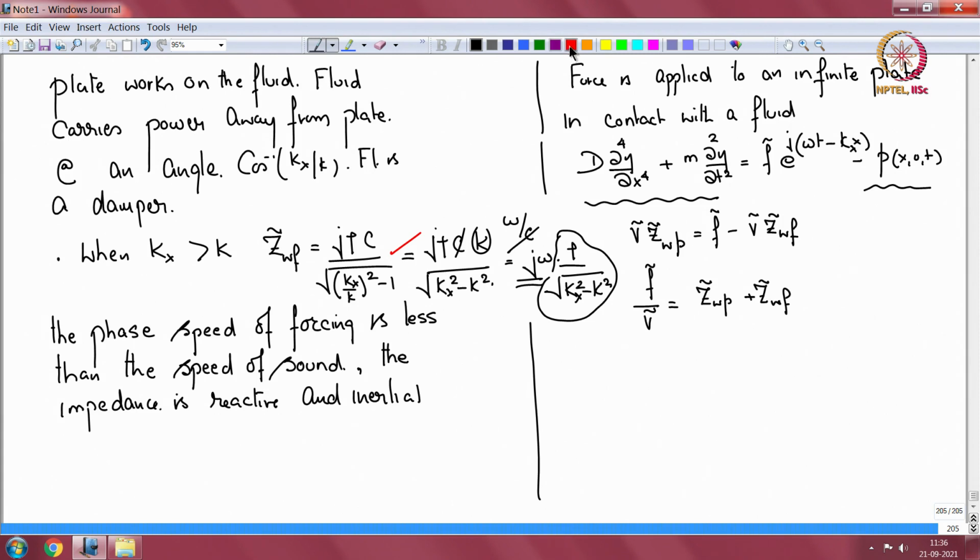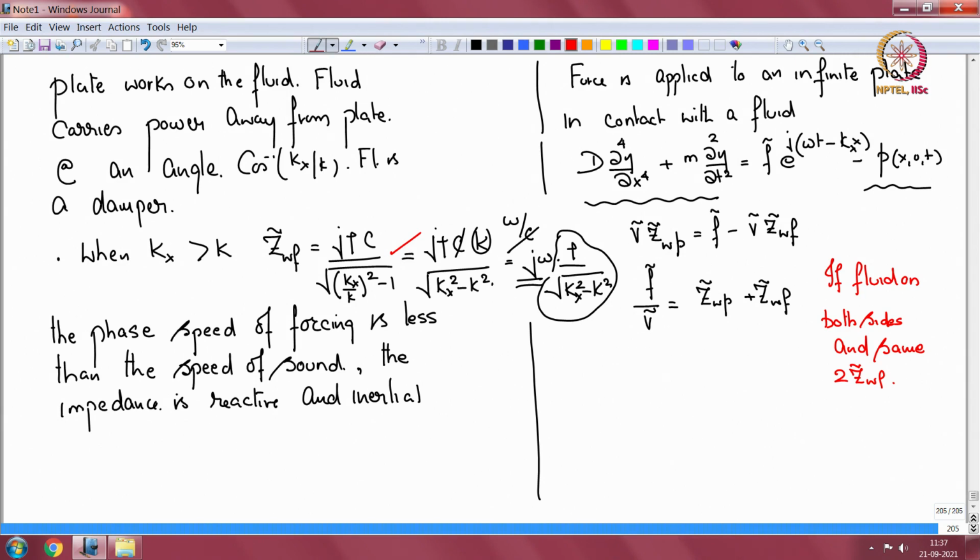Just a note here that if there is fluid on both sides, and same, then the z tilde w fluid will be twice z tilde w fluid.